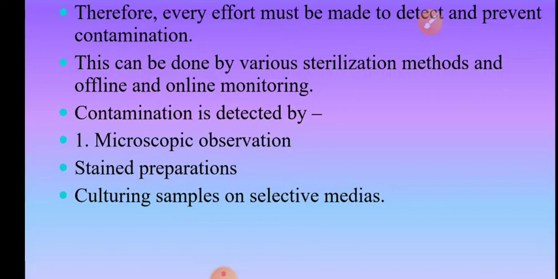You can culture the sample on selective media and check whether contamination is present or absent. When you are using anaerobic microorganisms, anaerobes are to be cultivated under special anaerobic conditions to check whether contamination is present or not. So these are all the steps that need to be followed during inoculum buildup.